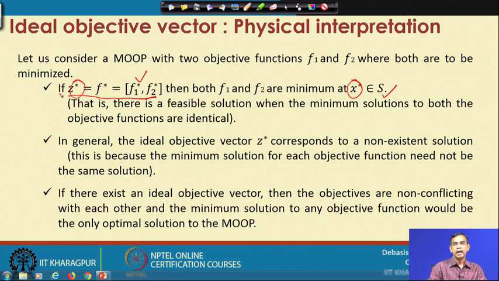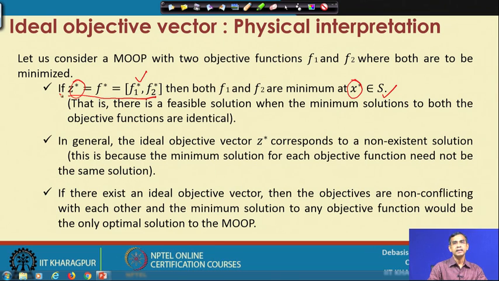In fact, the ideal objective vector corresponds to a non-existent solution, which is why we call it ideal, because many multi-objective optimization problems have conflicting objectives. It is very rare, in fact impossible, to see one objective vector which is minimum with respect to both objectives.